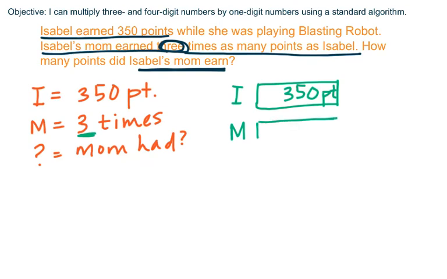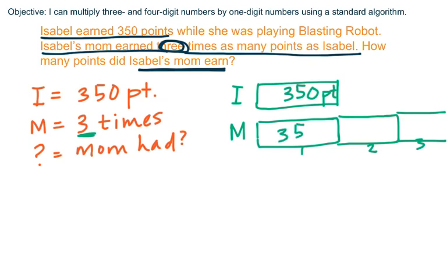So she's got what Isabel has, but she has it 2 more times, because she has 3 times what Isabel has. So 1, 2, 3. If she has what Isabel has 3 times, I can assume that each of those boxes that represent Isabel's mom have that 350 point value in them.